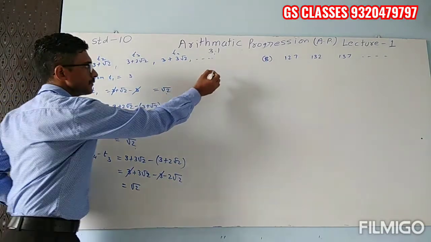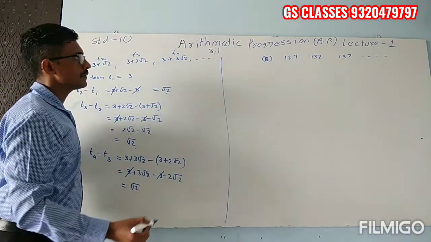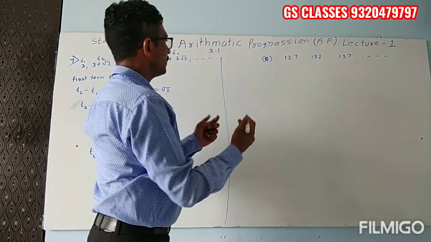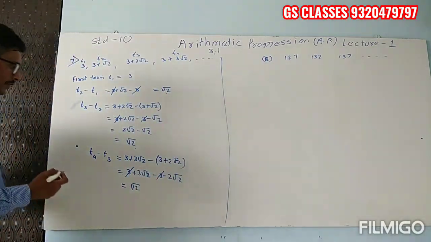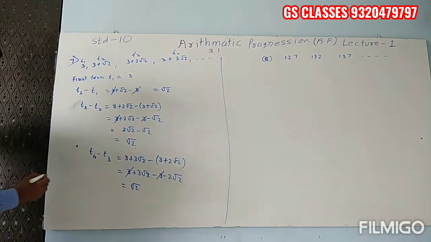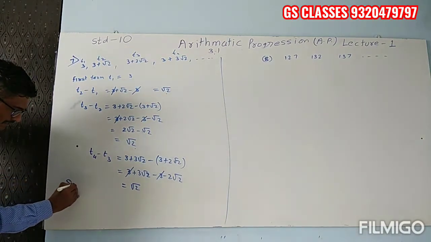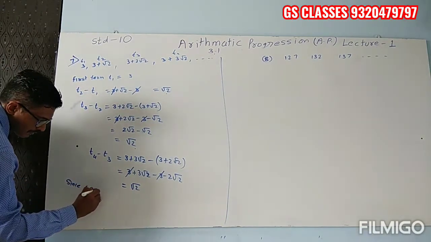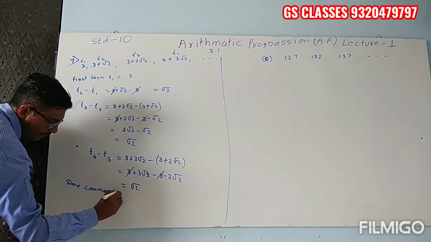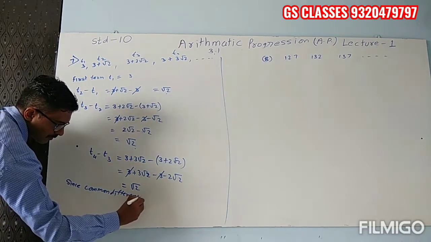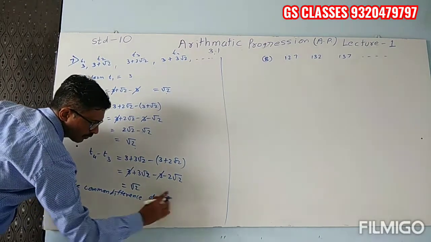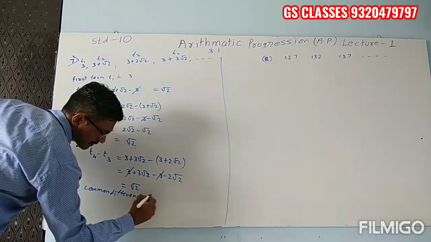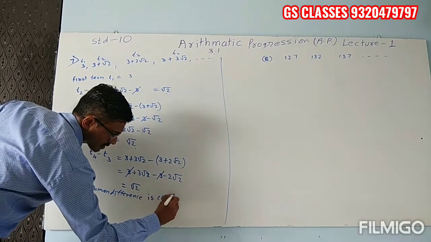Now children, we will now write our conclusion here. What conclusion we can write? Since common difference D is root 2, we will write the common difference is constant.